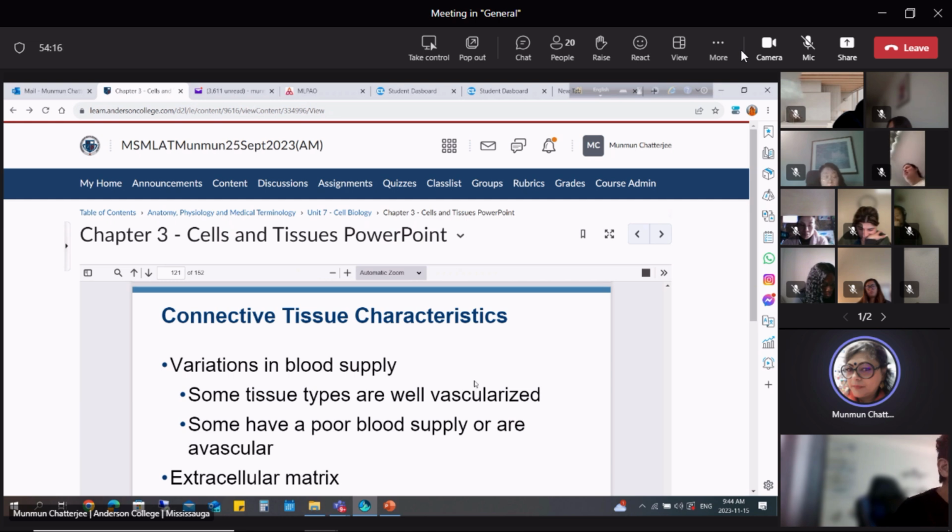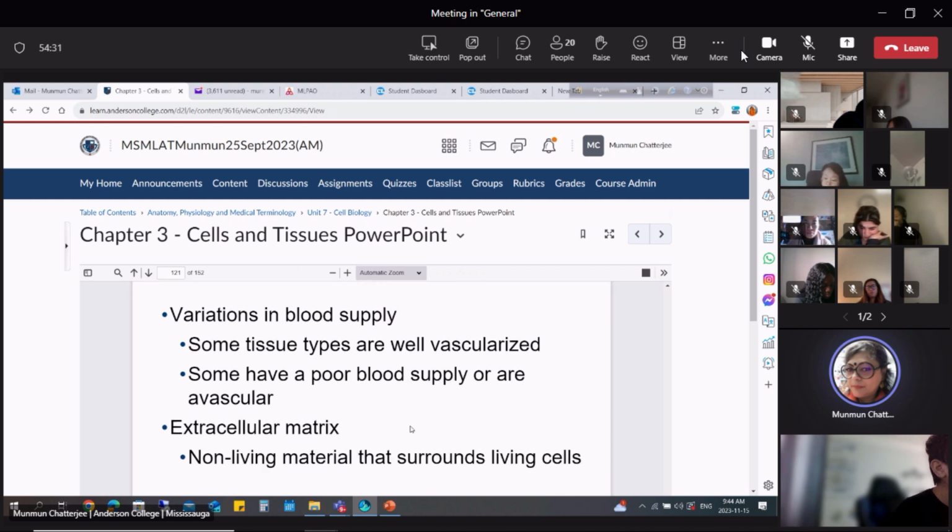What are the different characteristics, specificity of this? There are variations in the blood supply. Some tissues are very well vascularized and some have a poor blood supply or are avascular, like the epithelial cells, the skin cells. We were told that those cells are avascular.